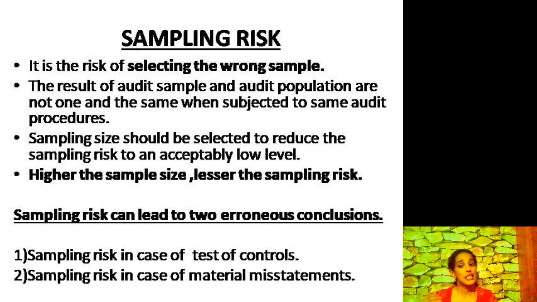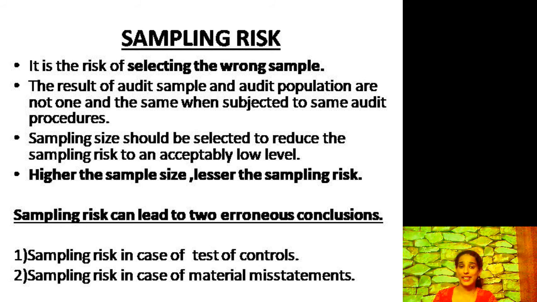Now, in certain circumstances, the result of this particular audit sample and the audit population might not be one and the same, even though they are subjected to the same audit procedure. Such scenarios give rise to the concept of sampling risk.